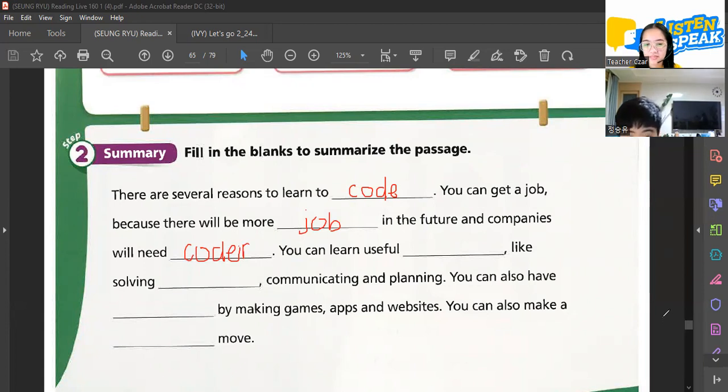Next, you can learn useful blank. The word starts with letter S. Skill. Very good.